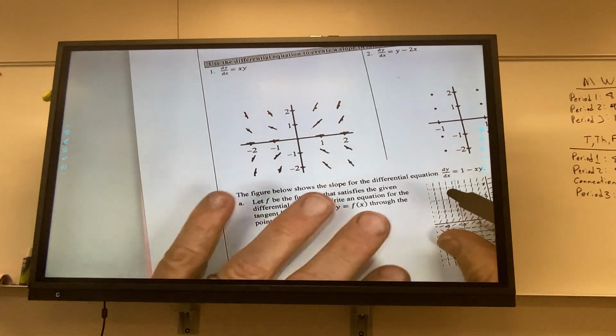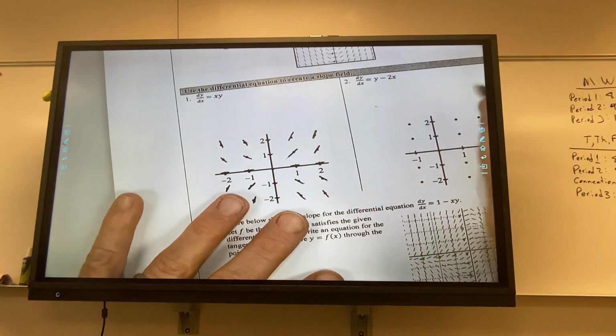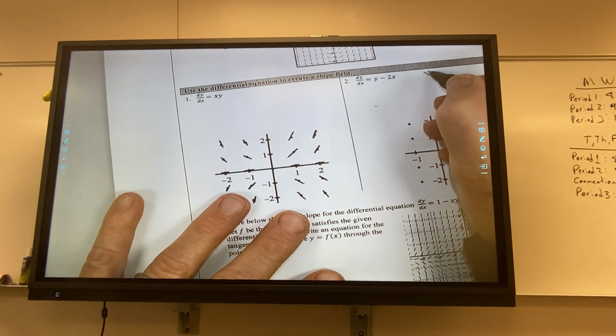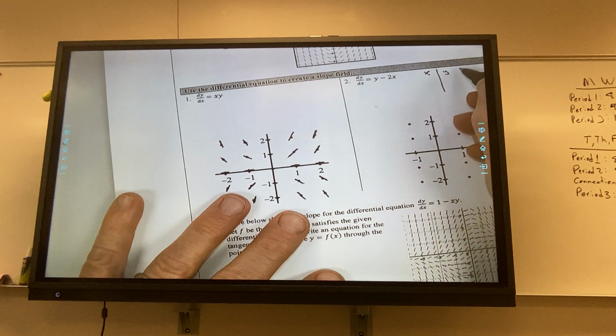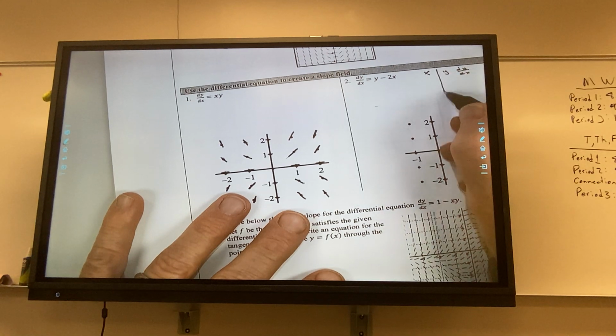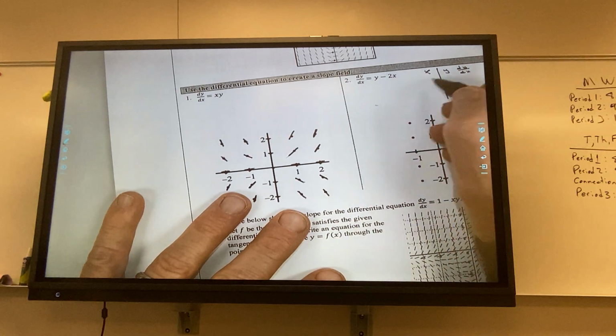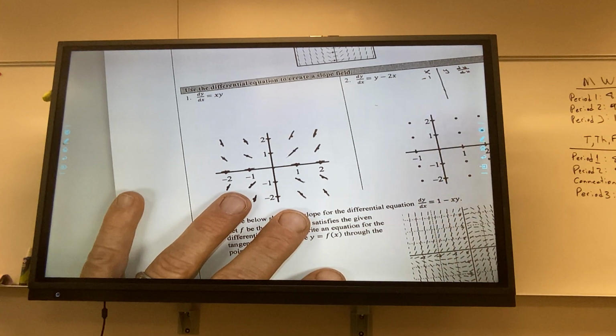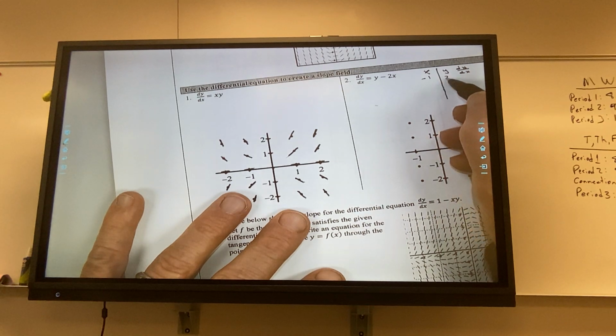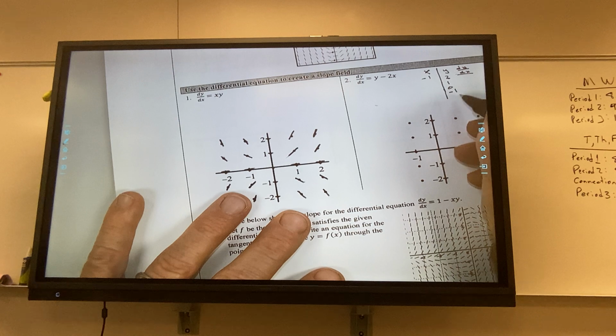Sometimes what I do is I create a little table. So here I have x, I would have y, right here I have dy dx. I came up with some numbers, and I said, okay, x is negative 1. What would my values for y be? It'd be 2, 1, 0, negative 1, negative 2.